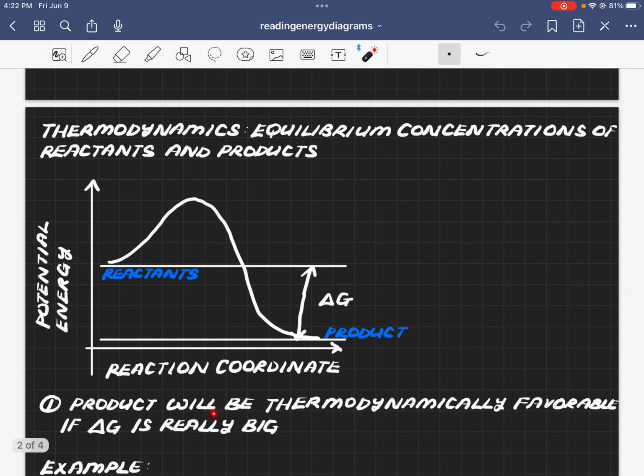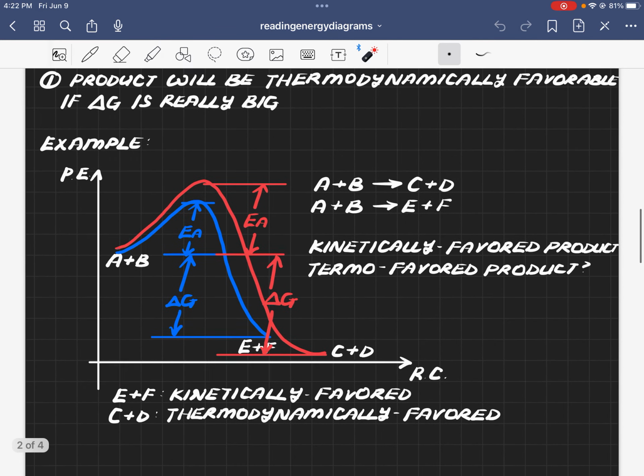So if a product is thermodynamically favorable, then delta G will be really, really big, because the energy between the reactants and products, there's a large difference between them. So the product should end up at a very low energy level, which is a more stable product.